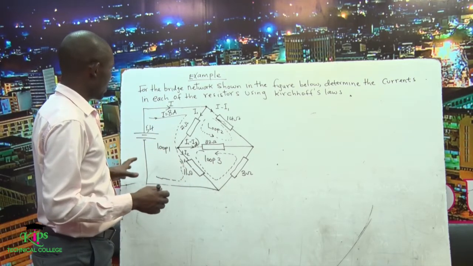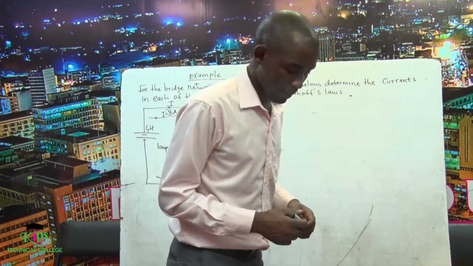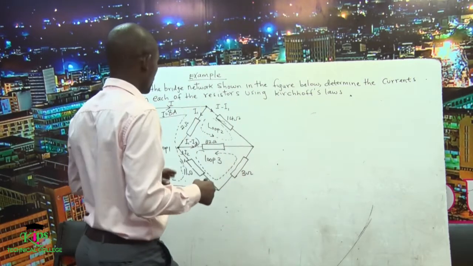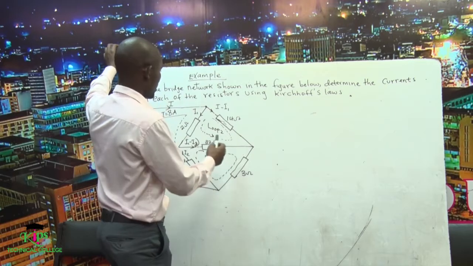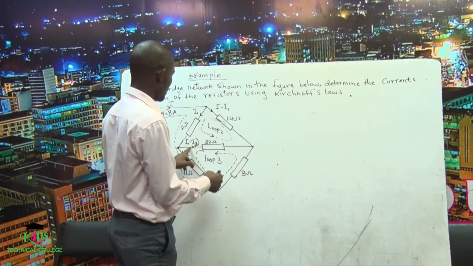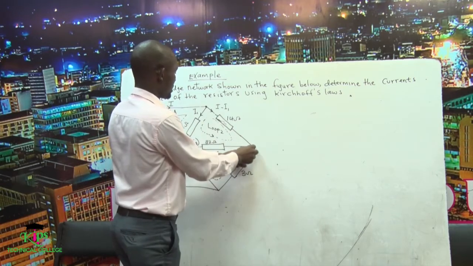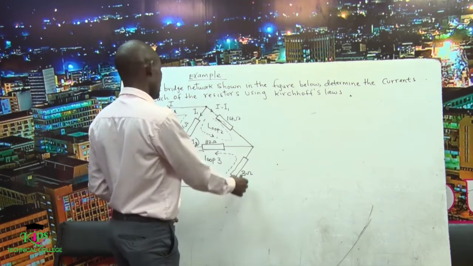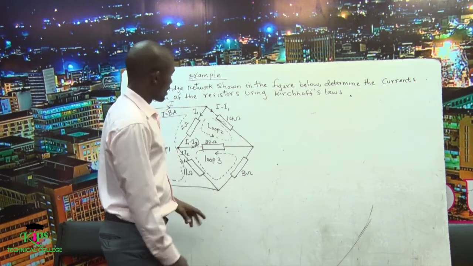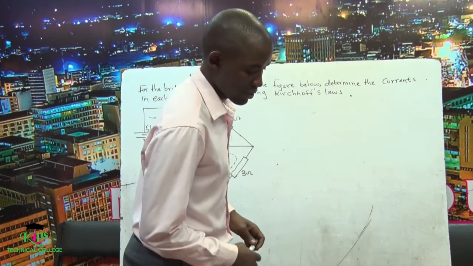So having labeled that, it is also clear that whatever is passing here, remember we have said I1 minus I2 will be passing. So this current will be reaching this junction. This one will also be reaching this junction. If you want to know the current passing through this one, you can now sum up those currents.